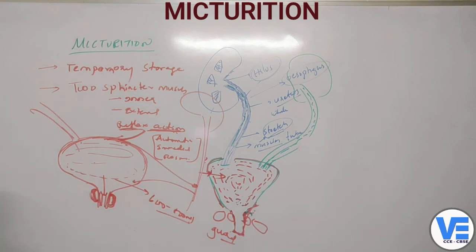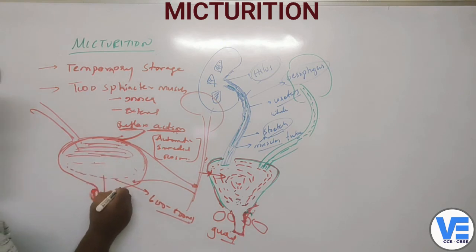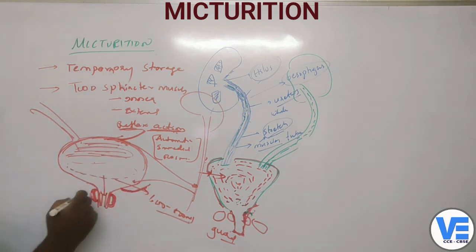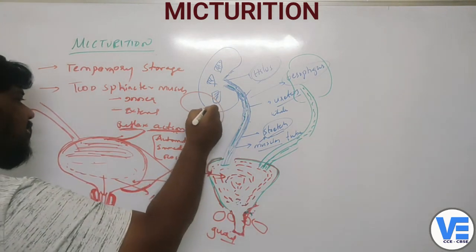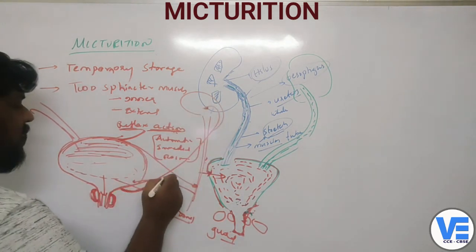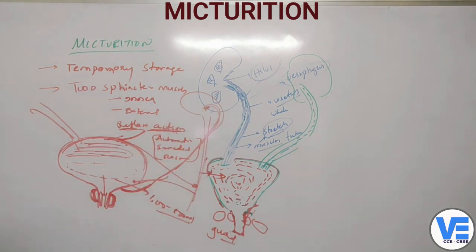Then the urine again starts getting filled, and when it reaches some extent, the nerves at the lower side take the information directly to the brain. The brain then gives an immediate response: if it is a situation to urinate, you can go.